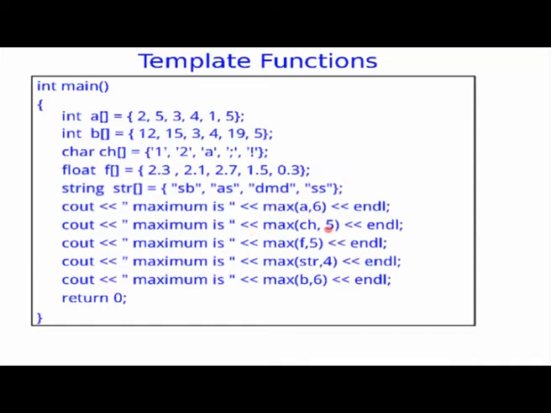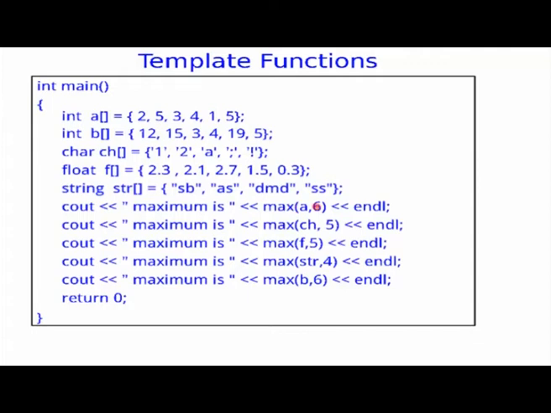What happens when you hit the next statement? The compiler realizes it's a call to a max function for a character array and an integer. Now it says, okay, where are the definitions of function max? The compiler finds that there is an integer max function which has just been created, which does not match the character call, but there is a template max function also.